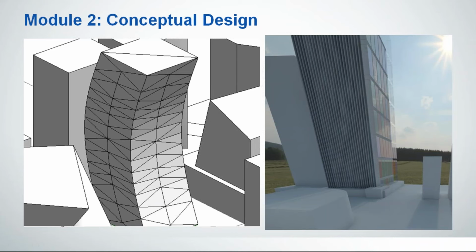In this module 2, we are considering the conceptual design. We will create an exterior building from the shape defined in our mass, and it will be extruded. For the same model, the exterior sun shading will be created.